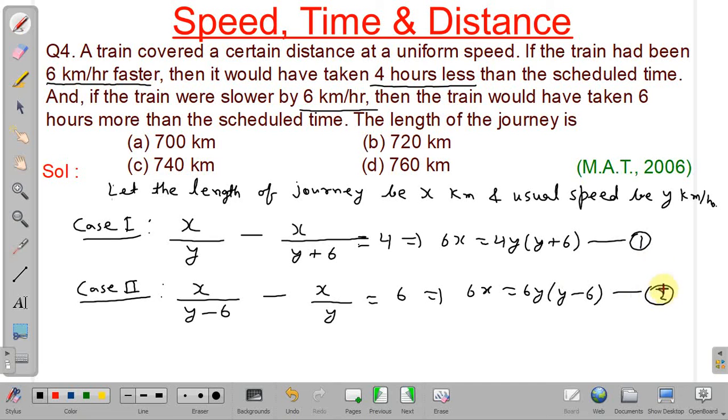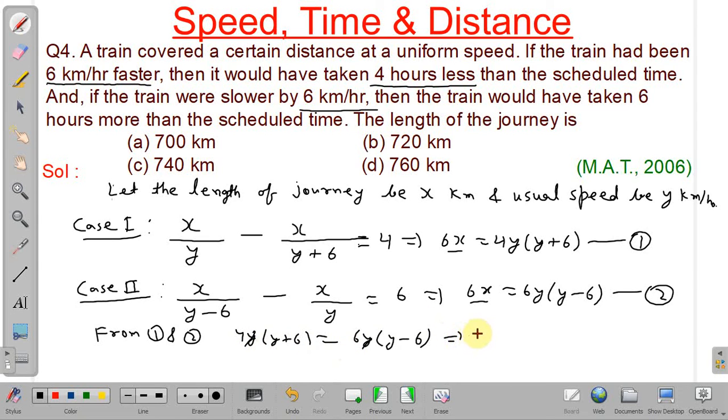Now if you see equations 1 and 2, the LHS are equal, that is 6x, so we can equate the RHS. So from 1 and 2, 4y into y plus 6 equal to 6y into y minus 6. As y is not equal to 0 because it is the speed, we can cancel out y.